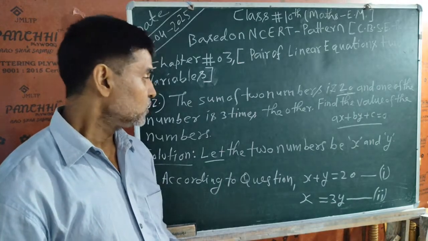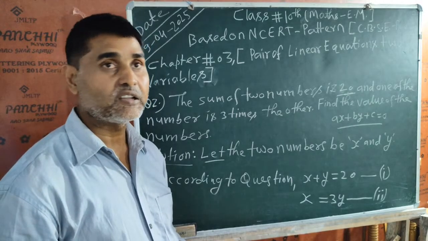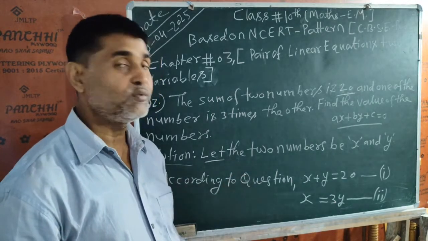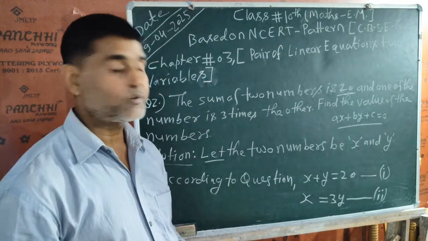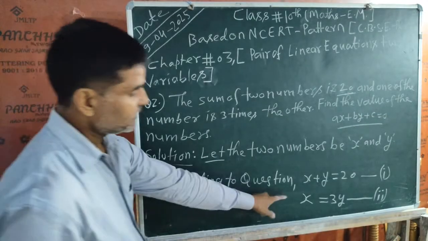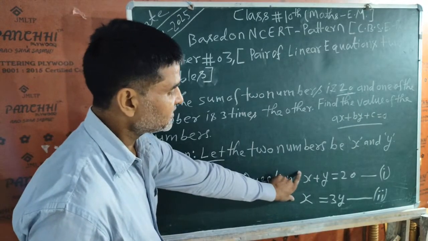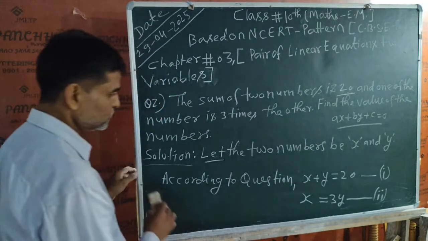Clearly understand and clearly write. If you get any confusion, ask through comments and I will explain positively. Okay student, so now I am going to arrange these two expressions in standard form.